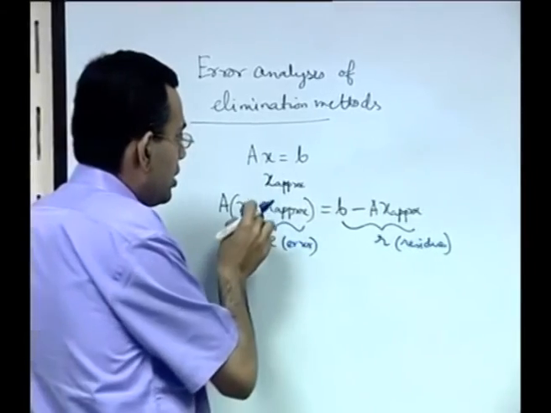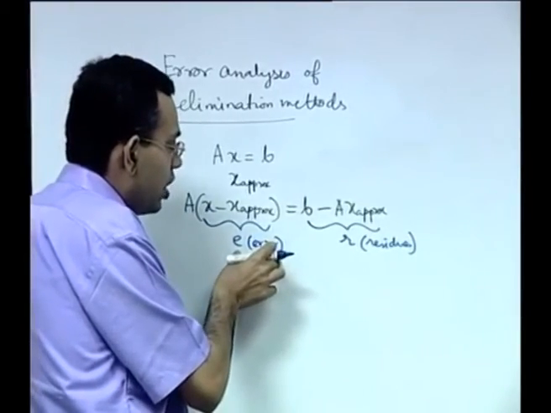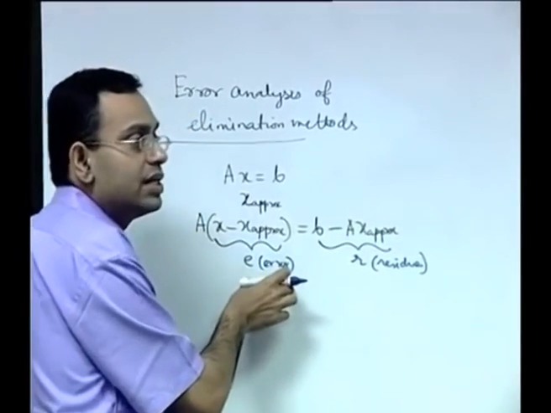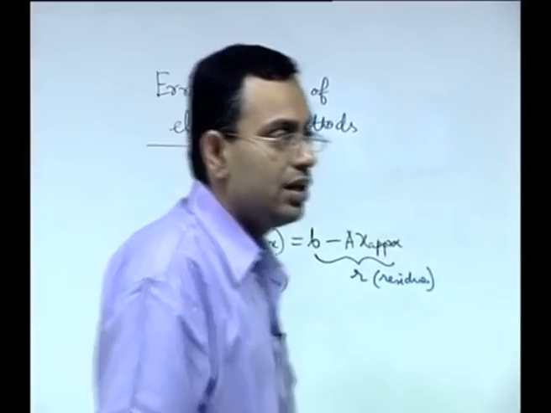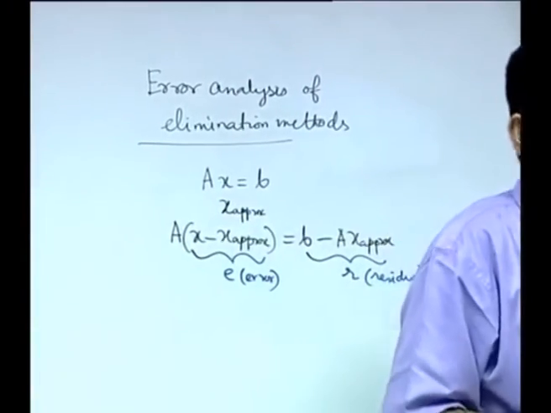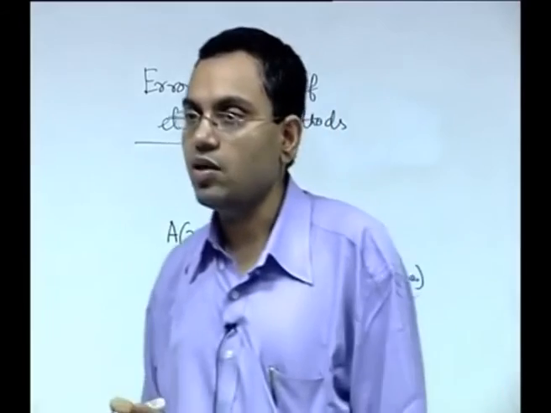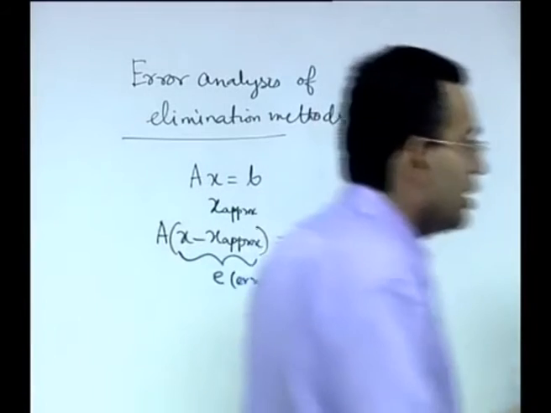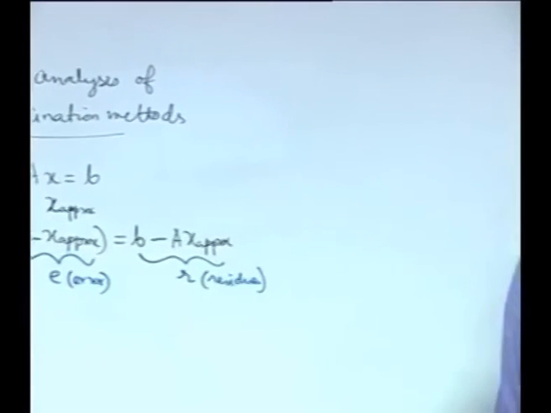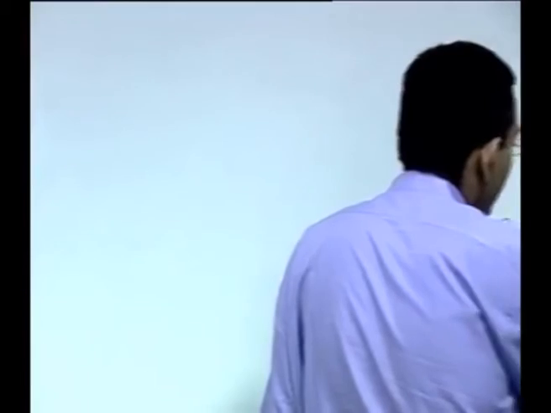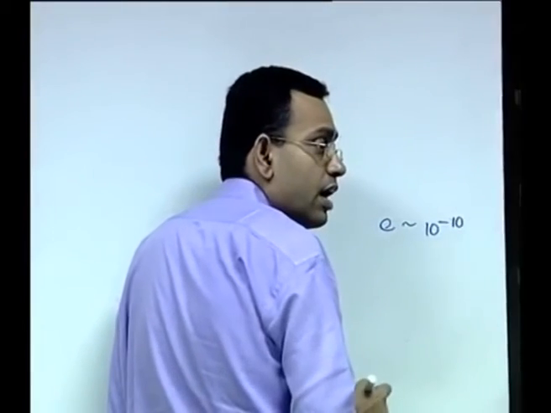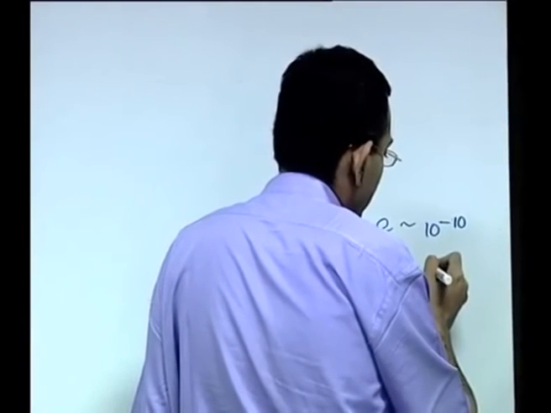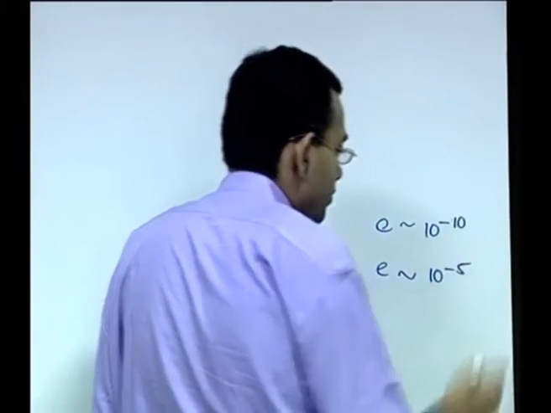Now it is not legitimate if we just consider the error as a magnitude by itself. For example, let us say that in one case you have error in x of the order of 10 to the power minus 10, and in another case you have e of the order of 10 to the power minus 5.